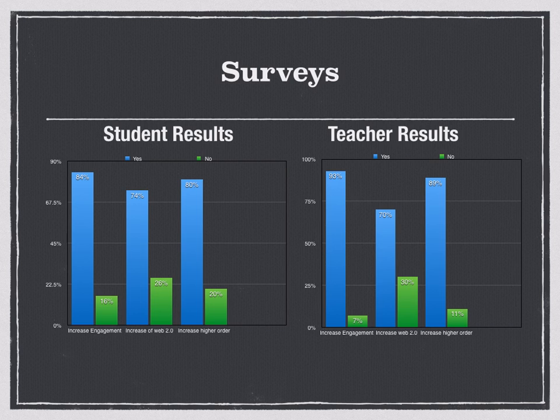The survey results show that 84% of students said that their engagement increased, while 16% said it did not. 74% of students said that their use of Web 2.0 tools increased, while 26% said it did not. 80% of students said that their participation in higher order thinking activities increased, while 20% said it did not.